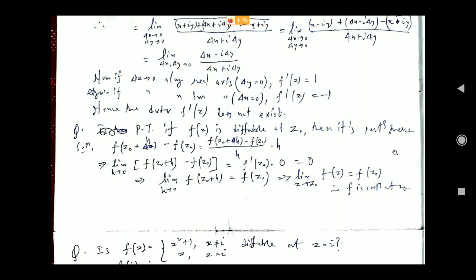Now, suppose a function is not continuous at a point, then can it be differentiable? If a function is not continuous, you have known it, that it is not continuous at a point. Can it be differentiable at that point?